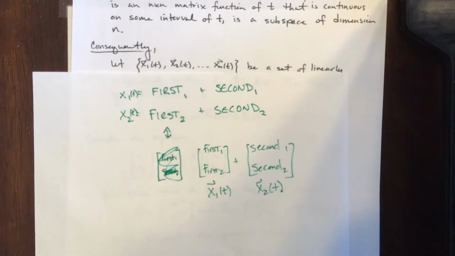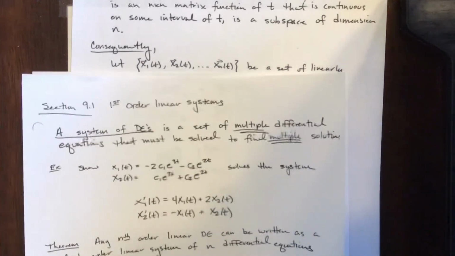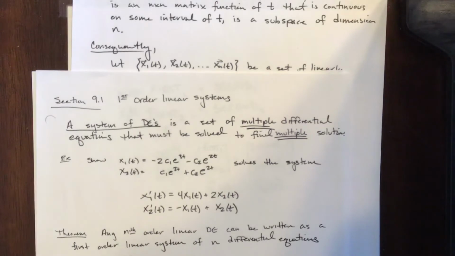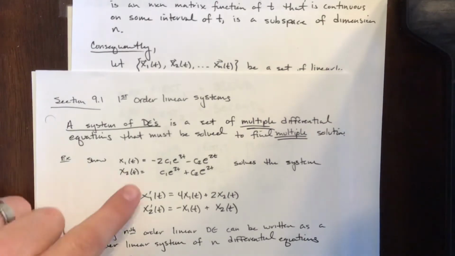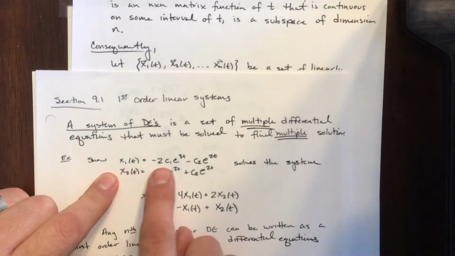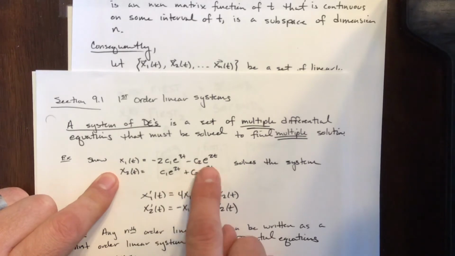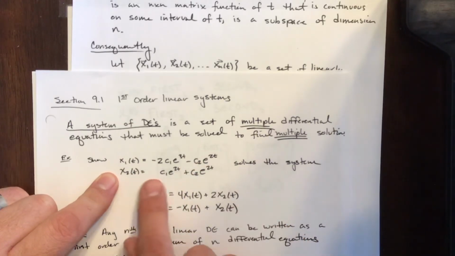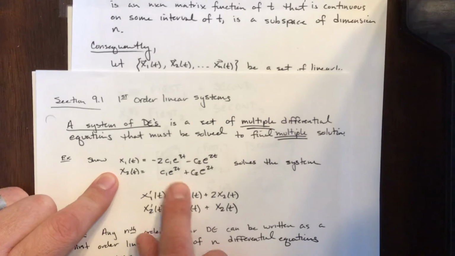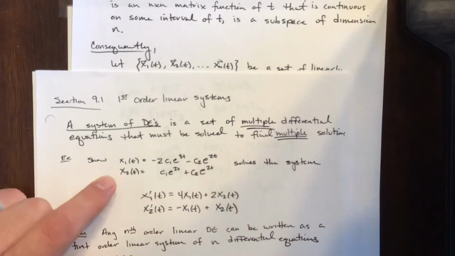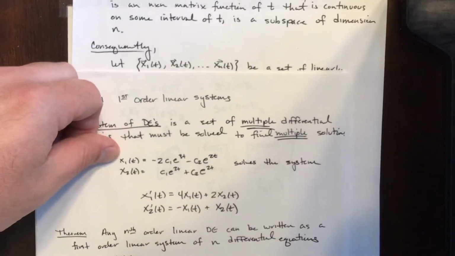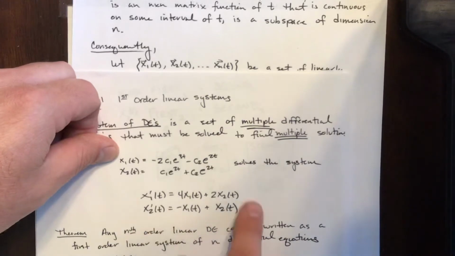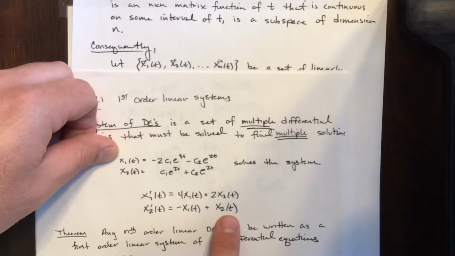In other words, for the solution to the differential equation, you look back to section 9.1: x1 of t is 2c1 e to the 3t minus c2 e to the 2t, and x2 of t is c1 e to the 3t plus c2 e to the 2t. These were the two functions that solved this system of differential equations.